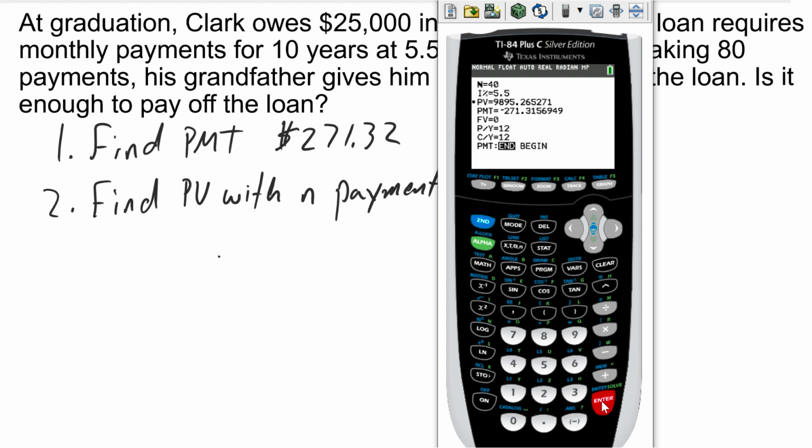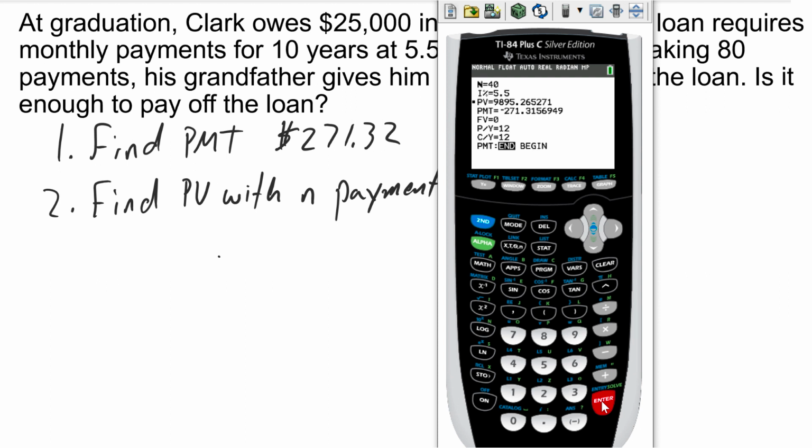So what we can't do here is just take the payment and multiply it times how many payments he's made. Because the thing about that payment, $271.32, is not all of that payment actually goes to paying off his loan. Only part of that does. The other part, the interest part, is taken by the bank.